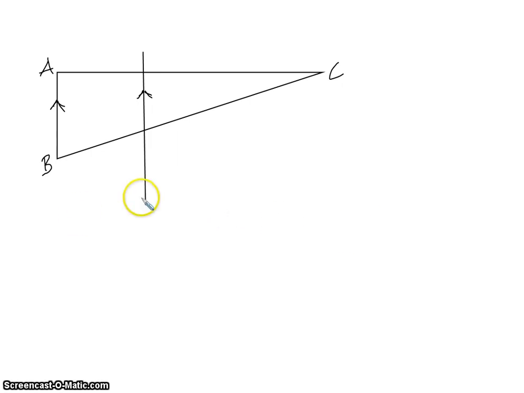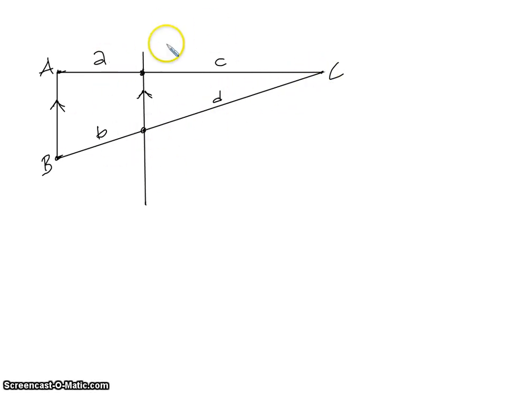So whenever a triangle is cut by a line or a segment that is parallel to one of the sides, then some interesting things happen there as well. So if I called this length A and this length B and that length C and that length D, with A being from here to here, B from here to here, C from here to the vertex, and D from here to the vertex.